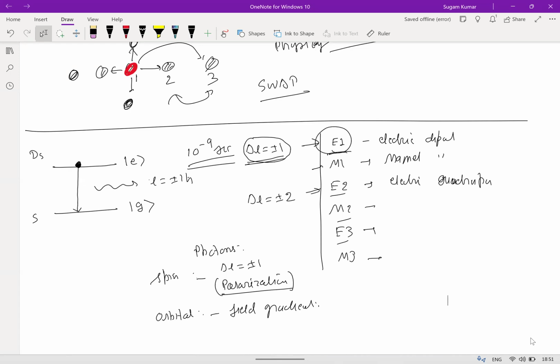Oh, that is ml. That is a capital L, correct? Small l, that is capital L, and that is ml, exactly, the z component. This is actually not this angular momentum. This is the symbol of the vector addition of the angular momentum.